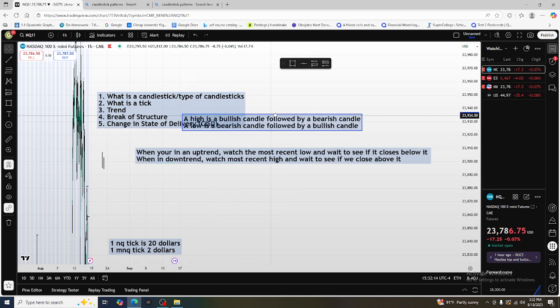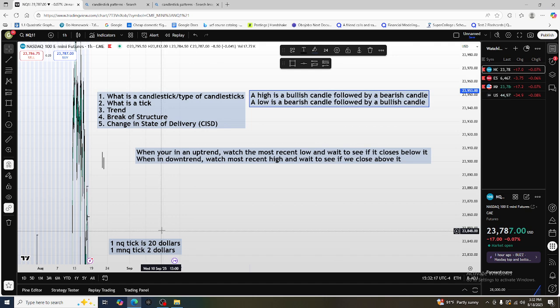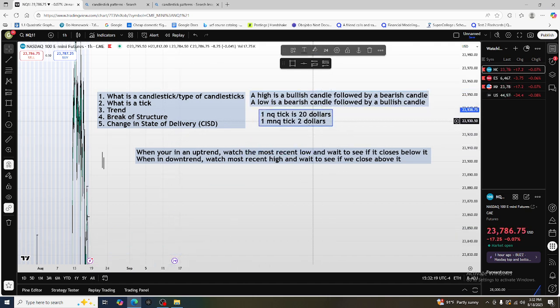And here, let's move this here. It's also good to know if you're trading NQ, if you want to know your tick values: one ES tick is $12.50, one micro ES tick is $1.25.